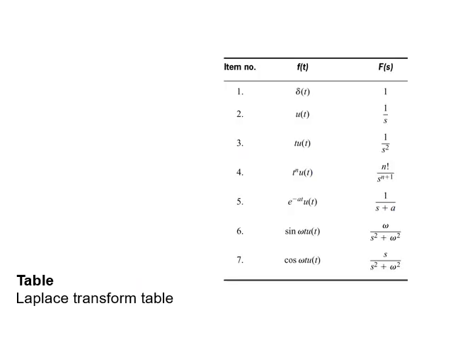In the last class, we studied various test signals which we are going to use throughout this course. And as we are studying the frequency domain, we will study the Laplace transform of these test signals. These are the relations which we are going to use throughout this course for conversion between the time domain and the frequency domain.